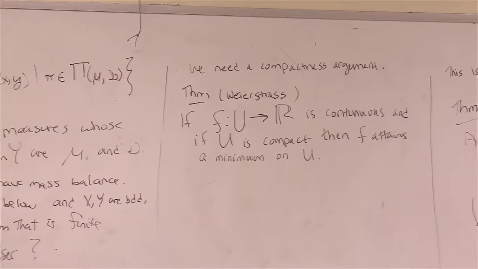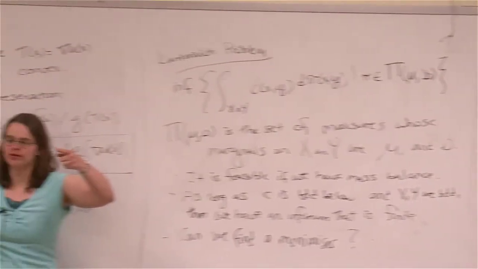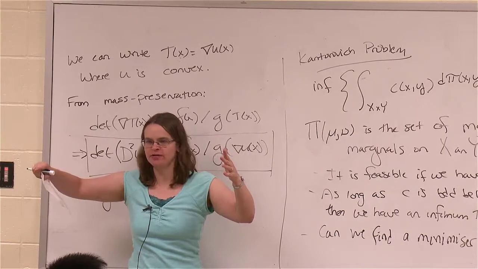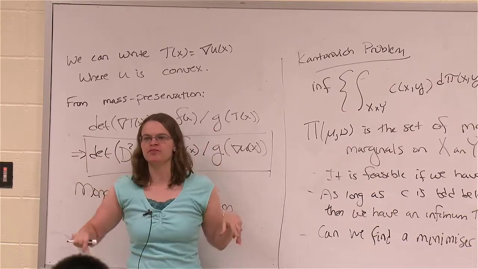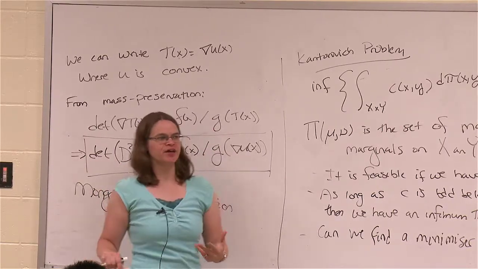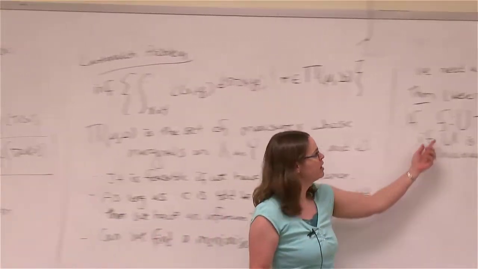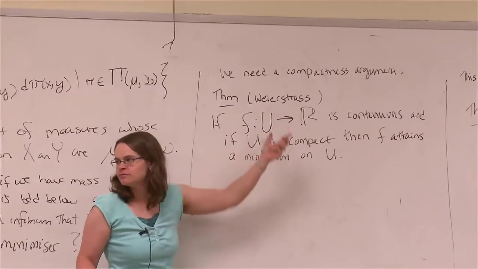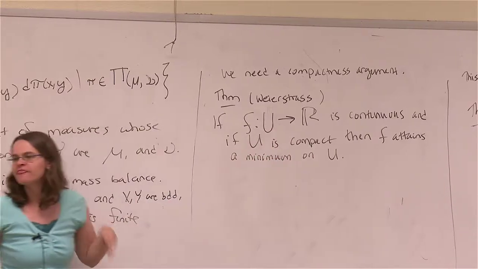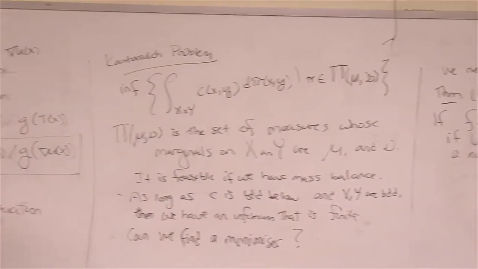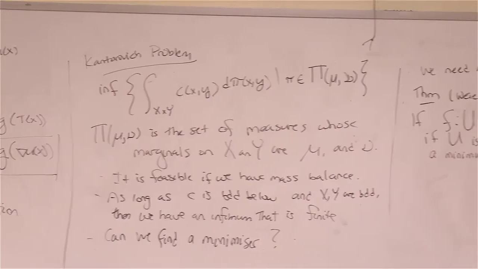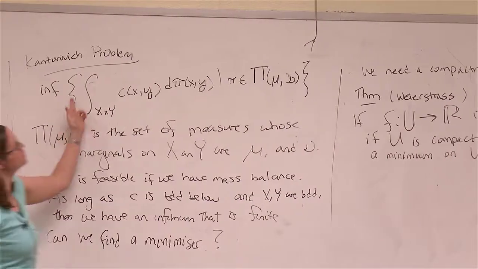You know it from calculus in 1D: if you have a continuous function on a closed bounded interval, you're going to have a minimum somewhere in there. Of course, you've taken analysis and you know that can be generalized: if we've got a continuous function on a compact set, which in 1D means closed and bounded, then we get a minimum. So what does that mean? We need to interpret this.